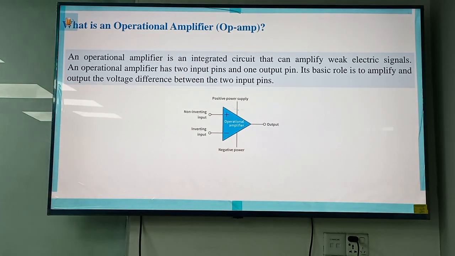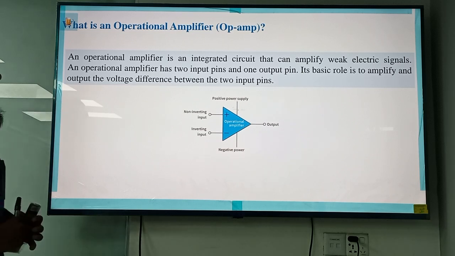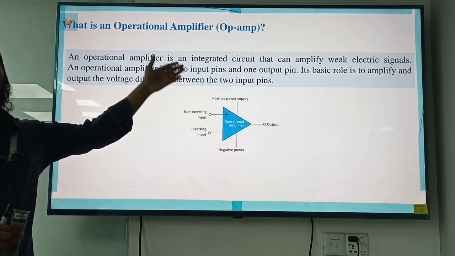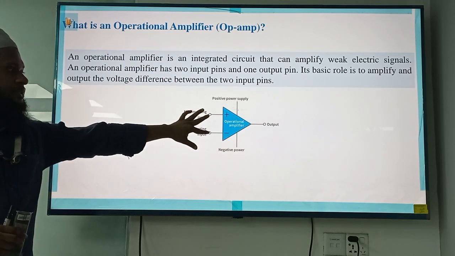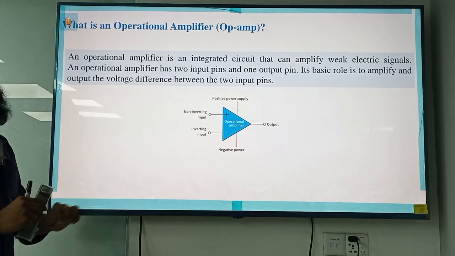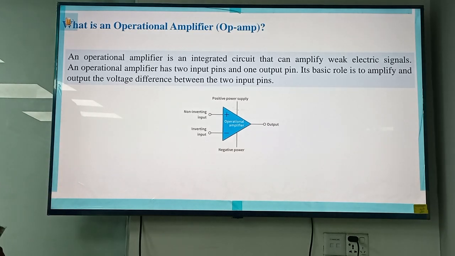Its basic role is to amplify and output the voltage difference between the two input pins. So its fundamental job is that you provide two inputs, it finds the difference between those two inputs, and then it amplifies it. Okay. So this is the fundamental job or responsibility of the operational amplifier.